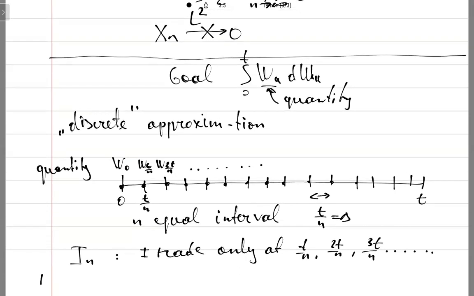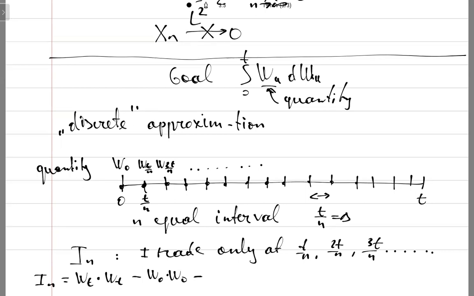So let's calculate In. My final welfare will be Wt times Wt, price times quantity. It's my final welfare, minus my initial welfare, W0 times W0, minus the investment that I made.